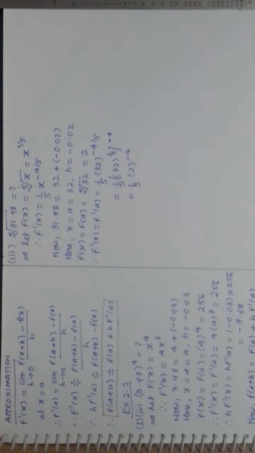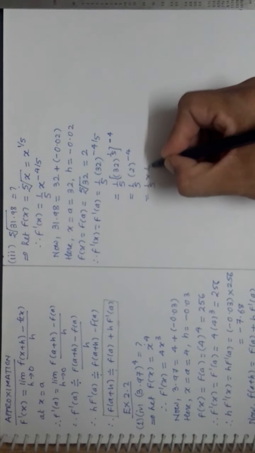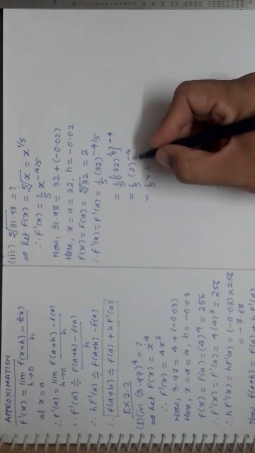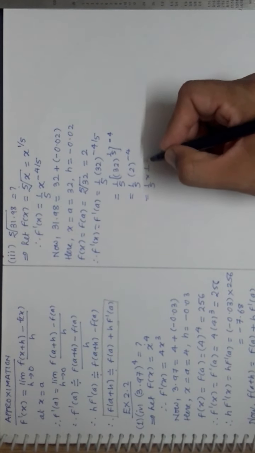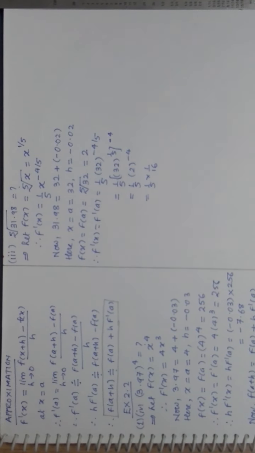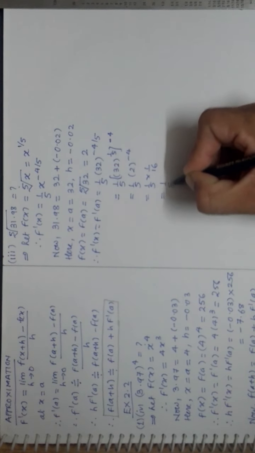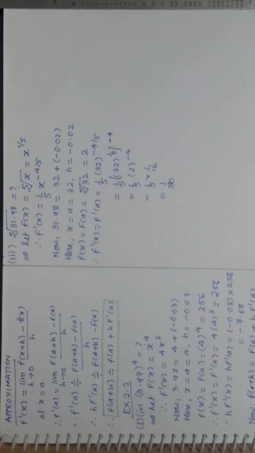Now 2 2s are 4, 2 4s are 8, 2 8s are 16. So this becomes 1 by 5 into 2 raised to minus 4, which is 1 by 5 into 1 by 16, that is 1 by 80. Yes, 1 by 16, 5 6s are 30, yes, 80. It is 1 by 80.